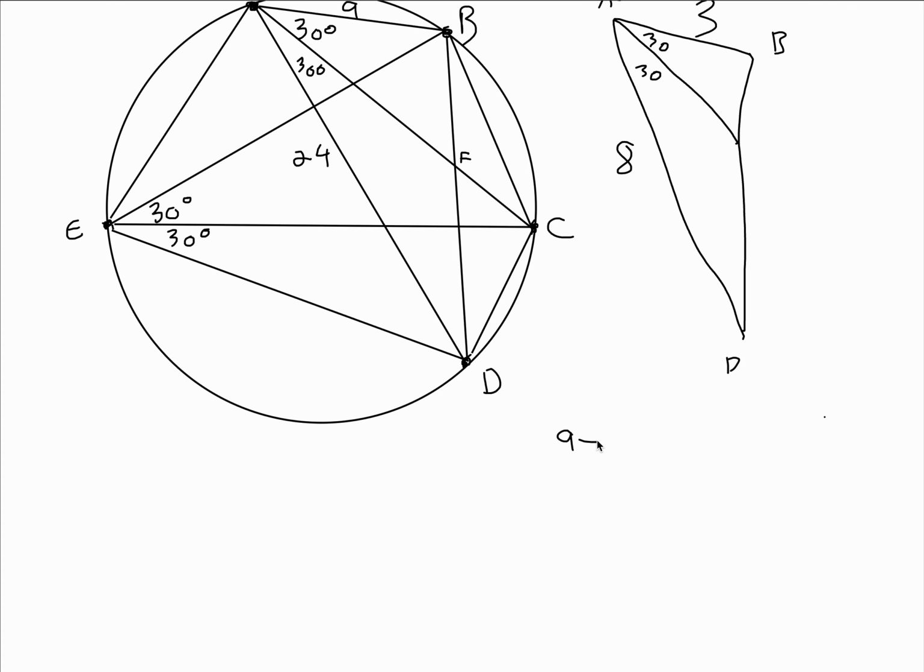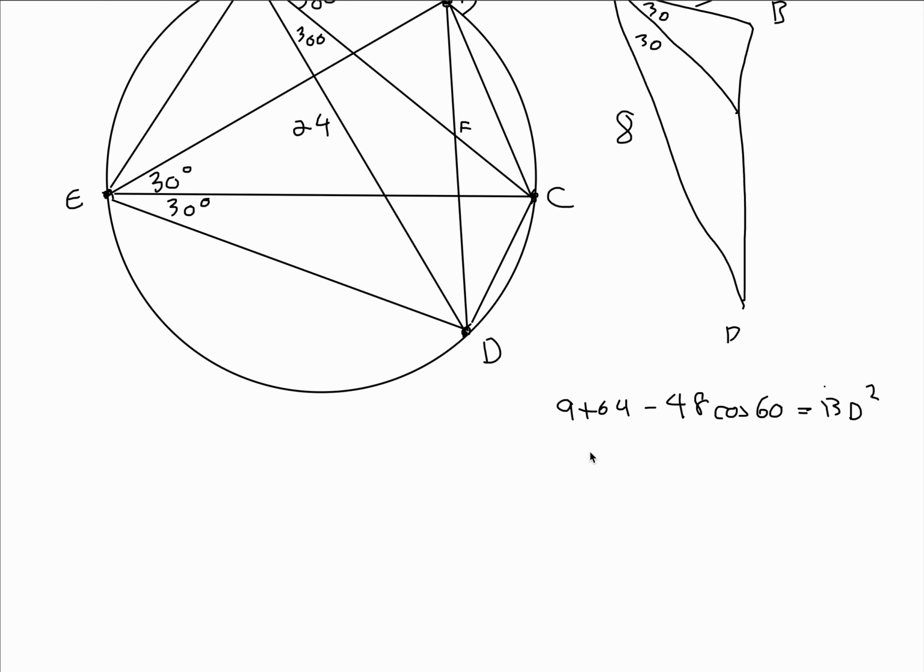So we get 9 plus 64 minus 2 times 3 times 8, that's just 48, times cosine 60 is equal to BD squared. So 9 plus 64 is 73, minus 48 cosine 60. Cosine 60 is 1/2, so 48 cosine 60 is 24. It's equal to BD squared.